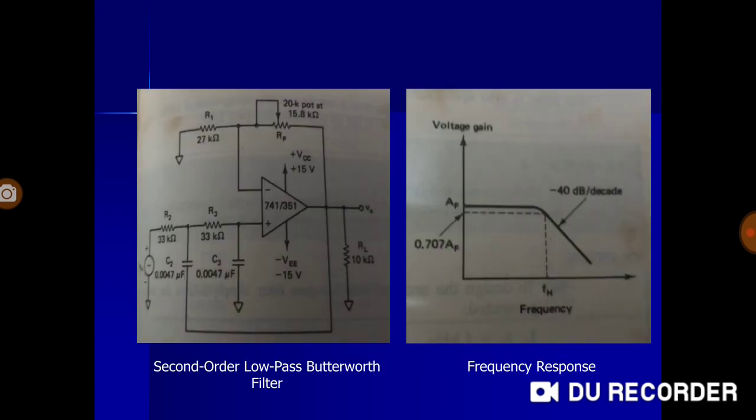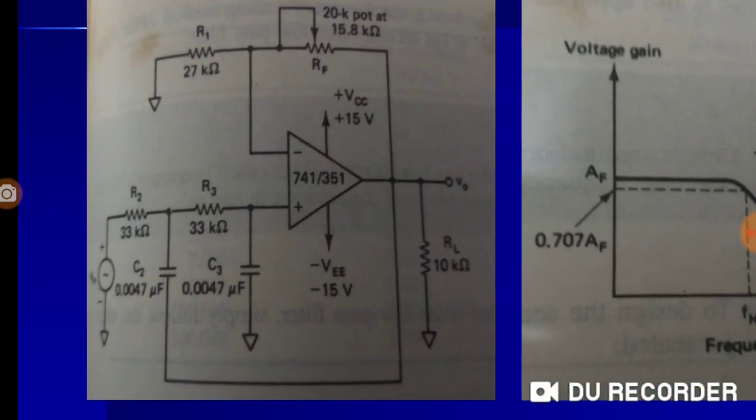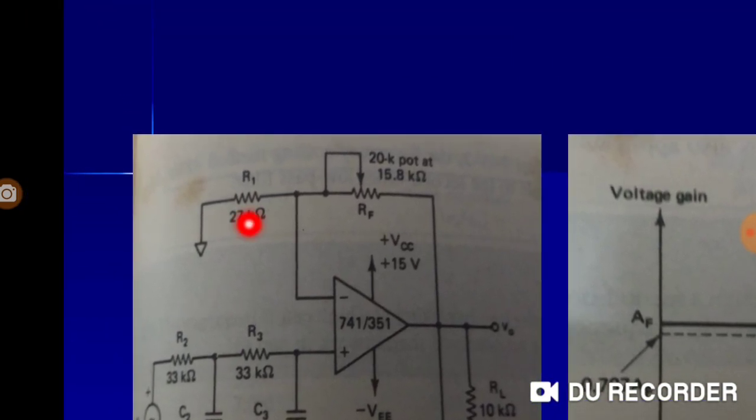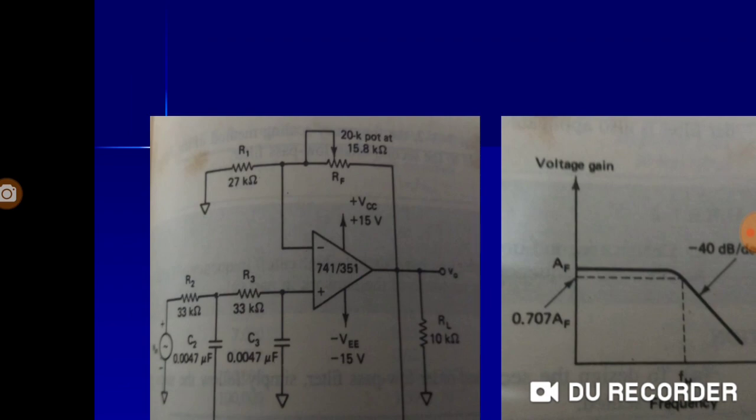Now if you look at the second order Butterworth low pass filter that I was just saying, it is R2 C2 R3 C3. Since R2 is equal to R3, both the values are the same, C2 is equal to C3. And here we have R1 and this is RF.